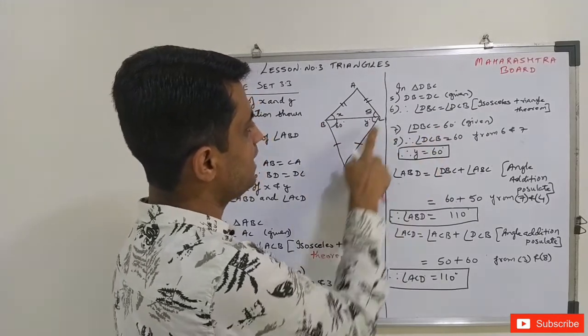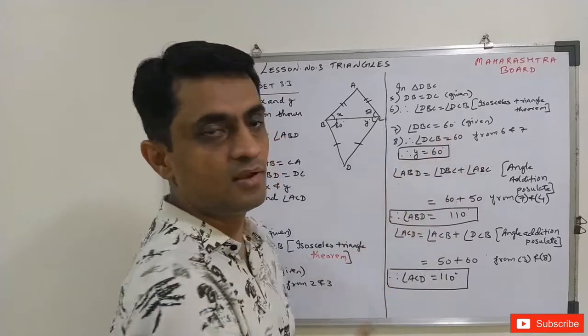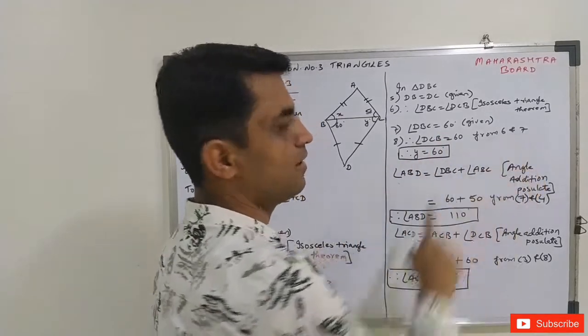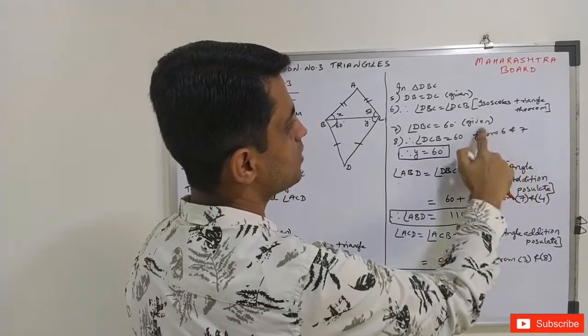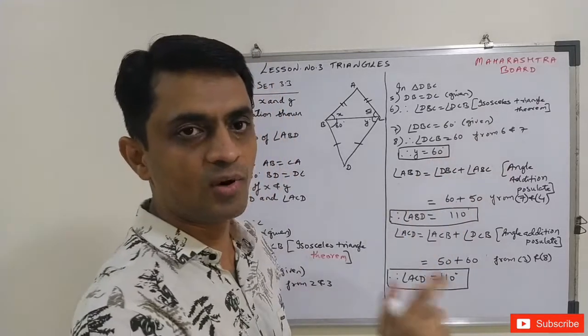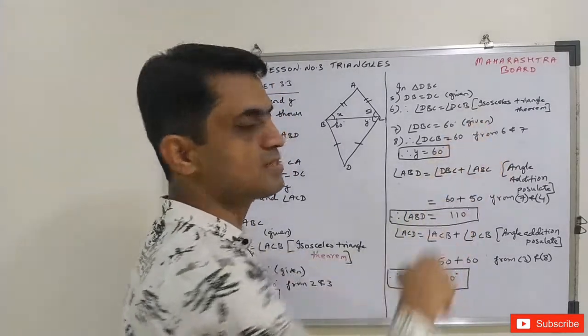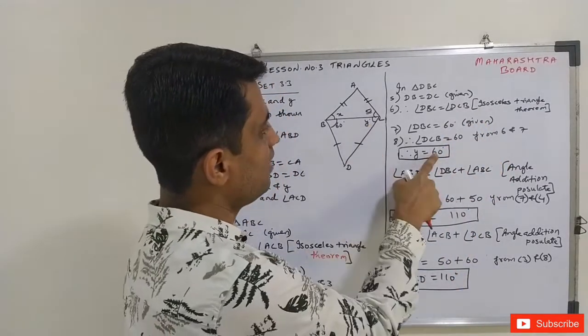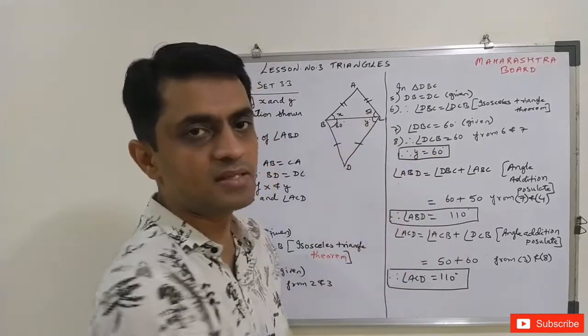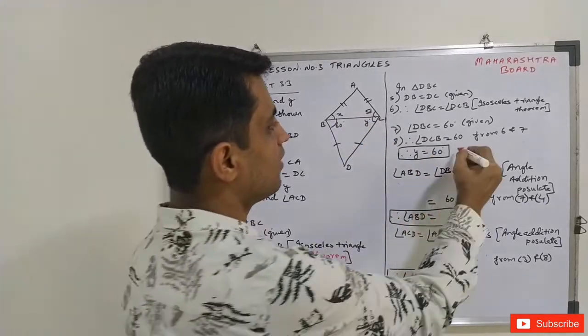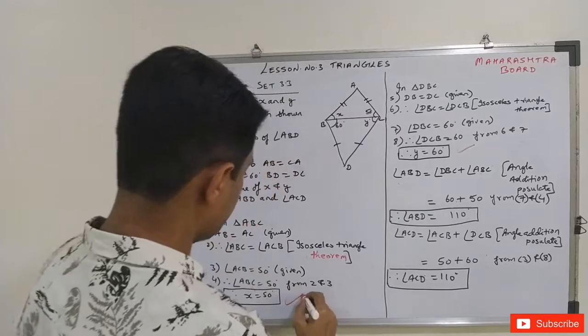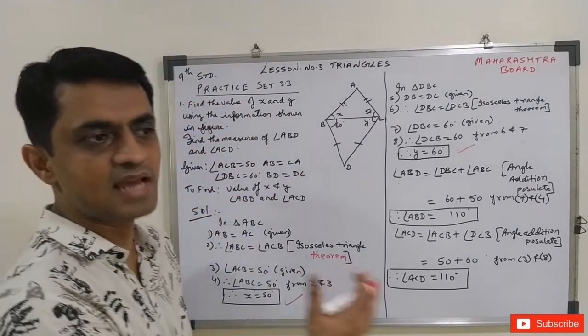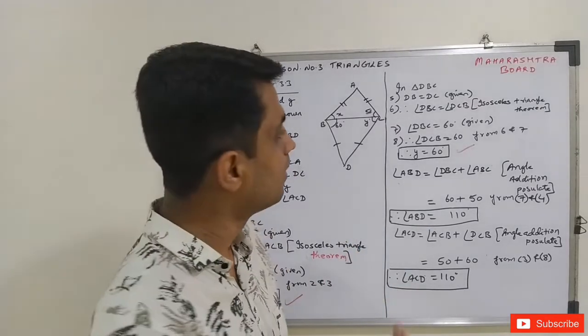So you will get DCB is also 60 from statements 6 and 7. I have given you a reference to the statement. You have to write this in the exam, reference with the statement. So here y will be 60. What is DCB? DCB is nothing but y. So we got y here and x here. Very easy. We used the isosceles triangle theorem everywhere.